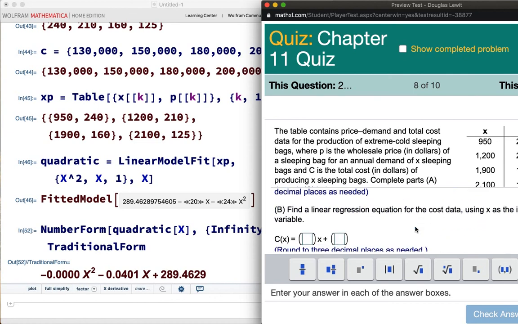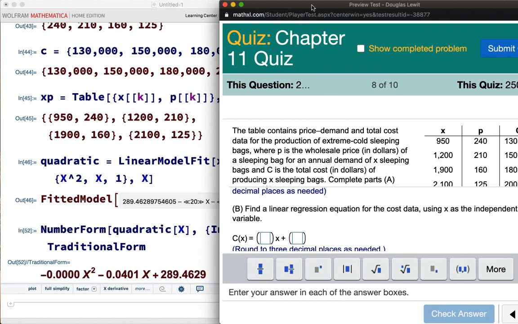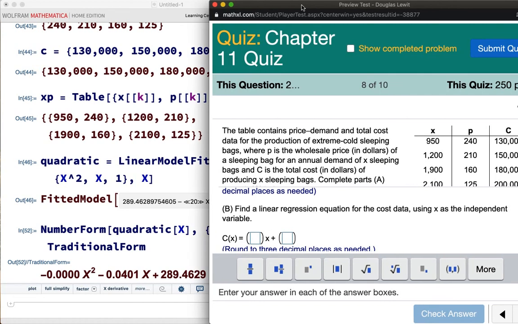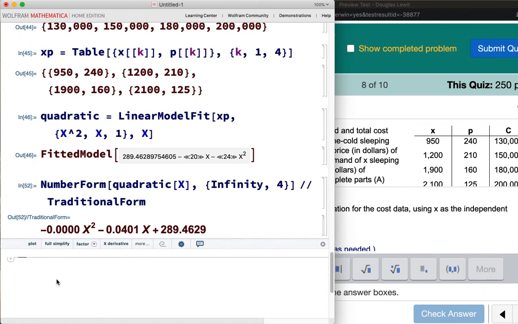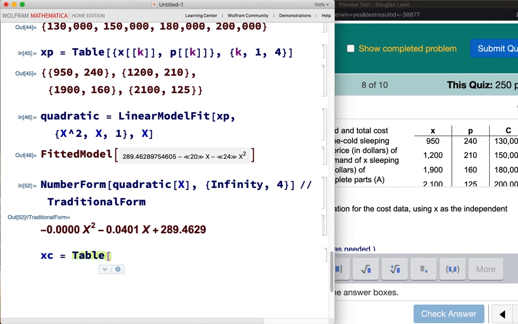Then it tells me to find a linear regression equation for the cost data using x as the independent variable. So I'm going to do the same thing as before. xc is equal to table xk, where k goes from 1 to 4.